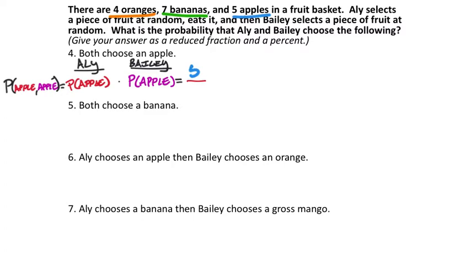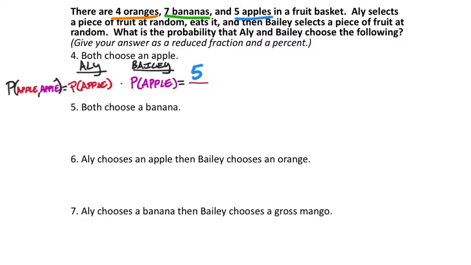Let's go ahead and figure out how many total pieces of fruit there are.